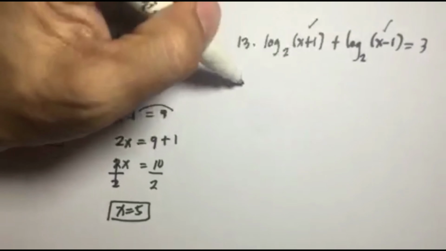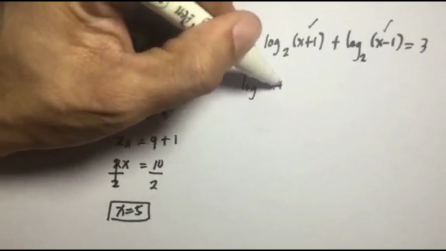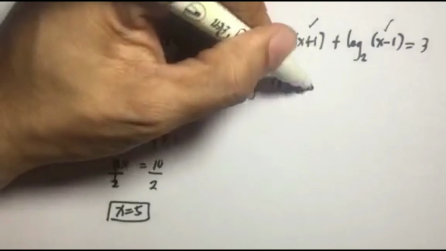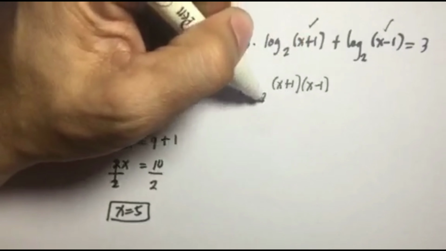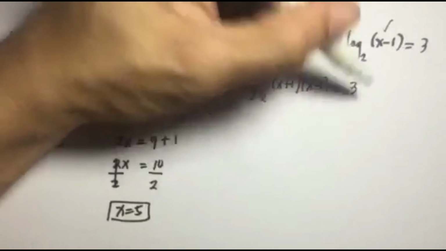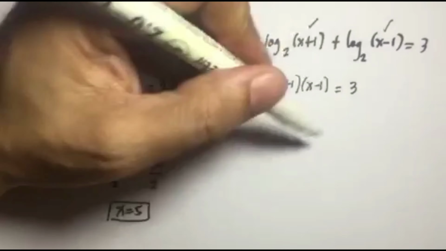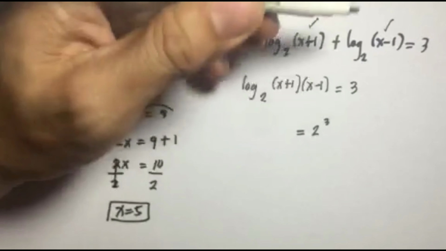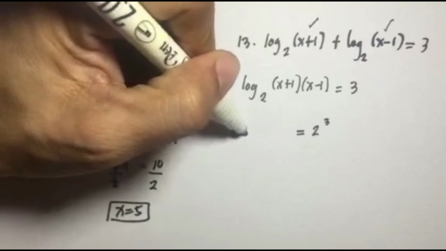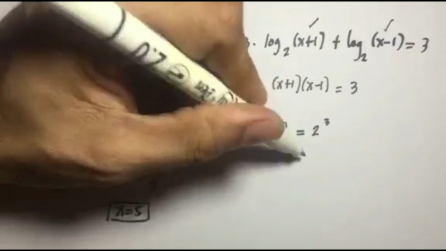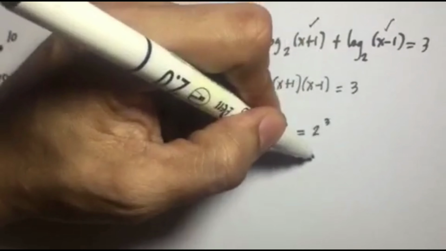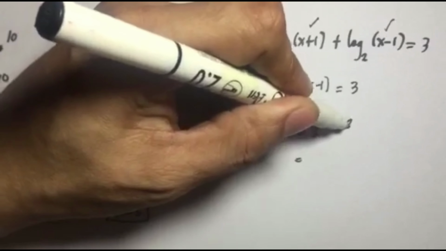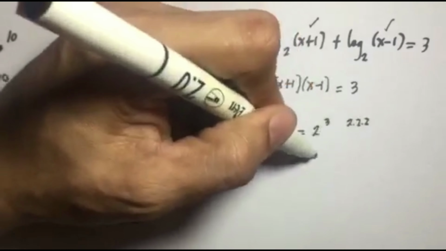So, that will become the logarithm of x plus 1 times x minus 1 to the base of 2, pinag-isa na lang, and equals 3. So, gawin na natin exponential form, that is 2 cubed equals the product of these 2. Gawin natin x plus 1 times x minus 1. 2 cubed is not 6, that is 8, since it is 2 times 2 times 2, that is 8.